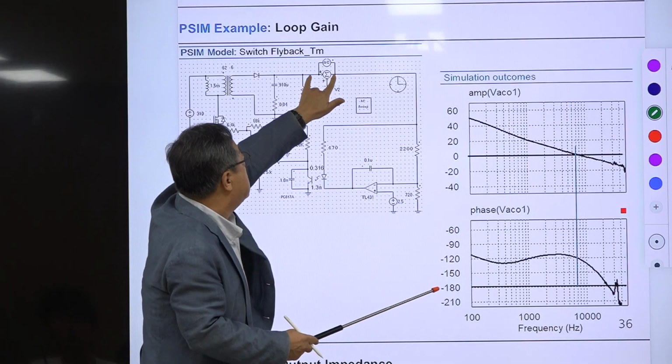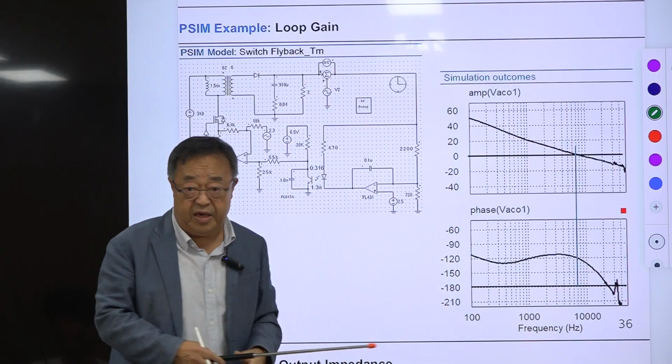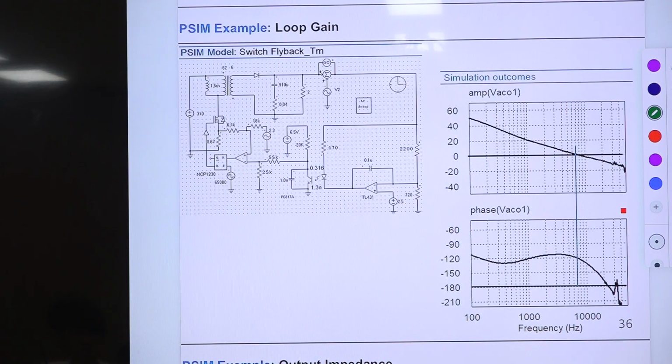Just moving around this AC probe, you can measure different things. This is the place to measure the loop gain. So as I said, with this notation, the dot is here, then the denominator is Vx, assume this is Vx, and the numerator is this one, VO here.